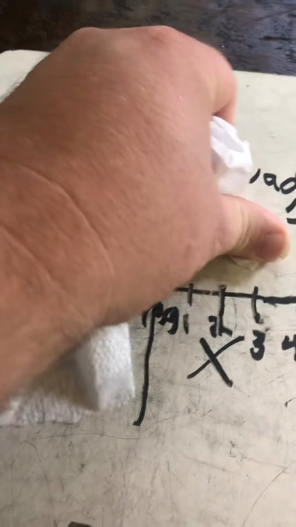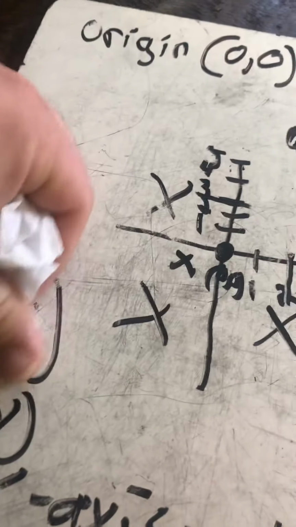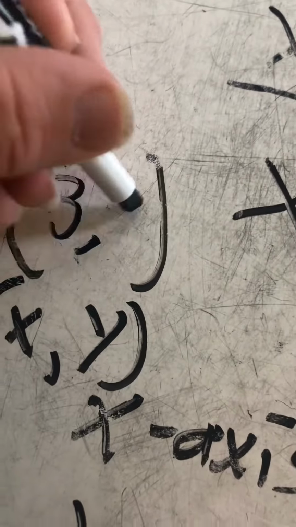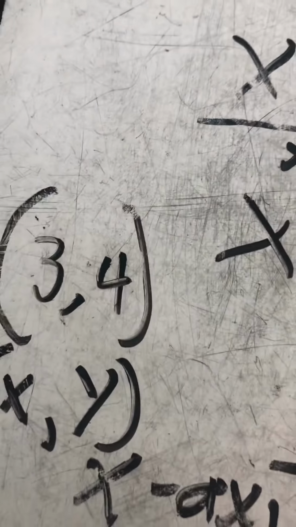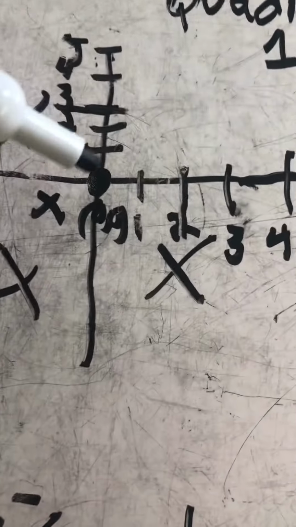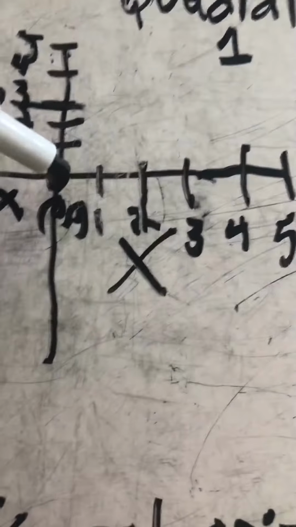So, here, let's try another one. Let's try 3 and 4. So I'll come up to my coordinate plane. I find my x first, remember, so I'm going over 3.